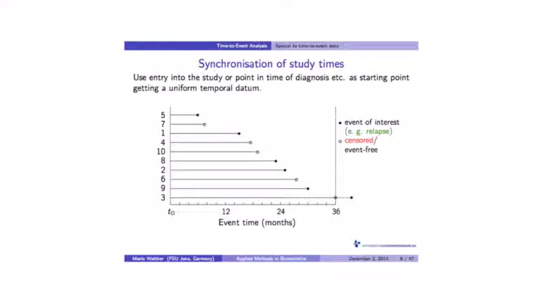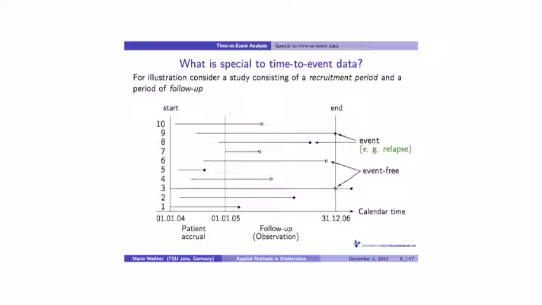But this patient must be excluded because the study was planned from the beginning of the year 2004 to the end of 2006. And what happens after this time we are not interested in because you planned the study only for this time period.